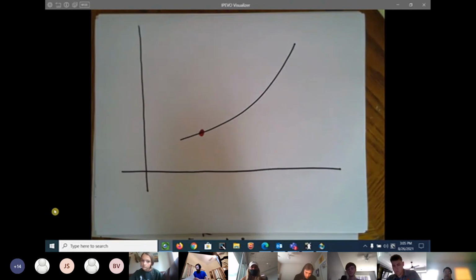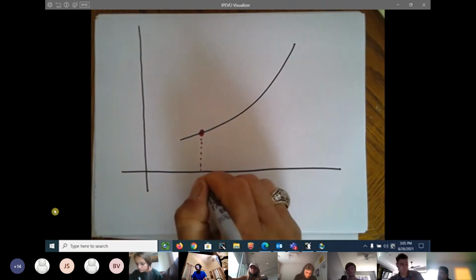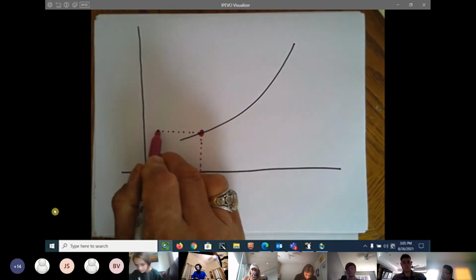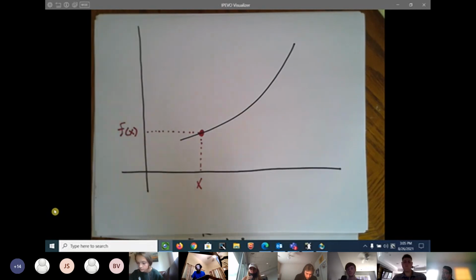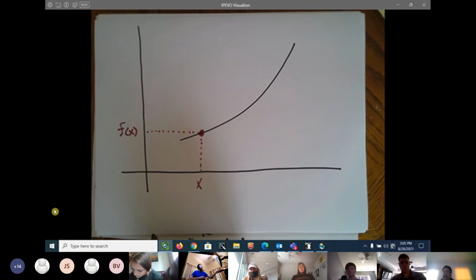Now that first dot is x and f of x. Does everybody agree with what I just drew on the board? Does everybody agree with that? Y'all learned that a long time ago. This is x and this is y. Okay?